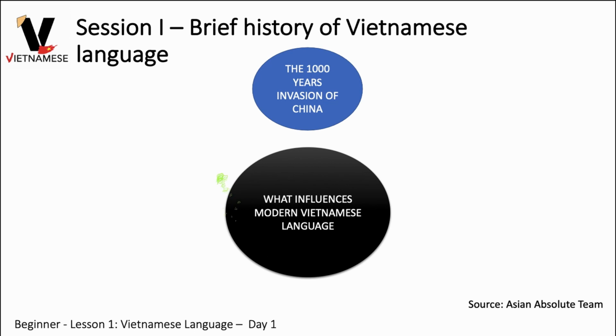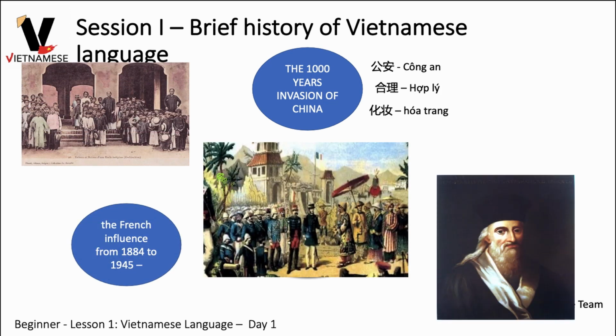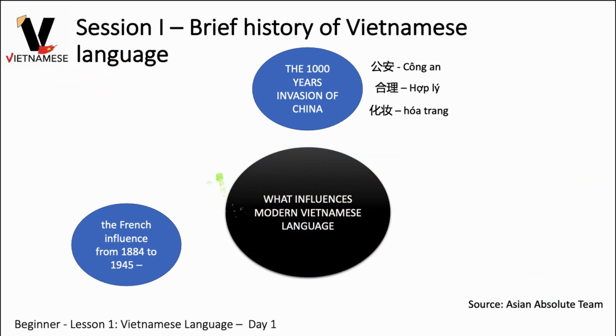As Vietnam used to be colonized by the French, and French was actually the official language taught in Vietnamese schools, today you will see that a lot of Vietnamese words are similar to French. For example, chocolat, and in Vietnamese it is chocolat, which is chocolate, and chemise in Vietnamese is chemise.